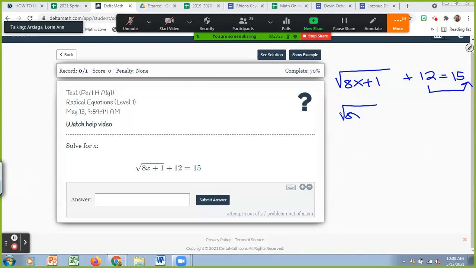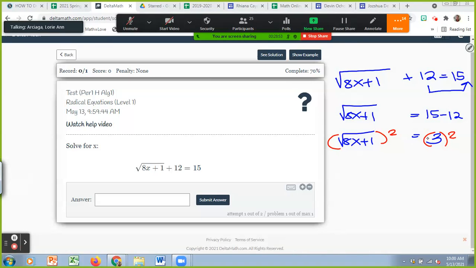We keep this radical expression here, and then we move the 12 over to the 15. So 15 take away 12 is 3. And then we bring 8x plus 1 with the square root. Now, once the radical expression is by itself, you are ready to square both sides.